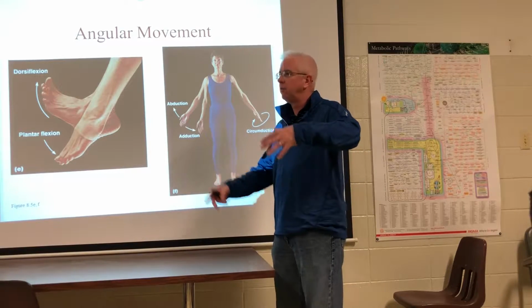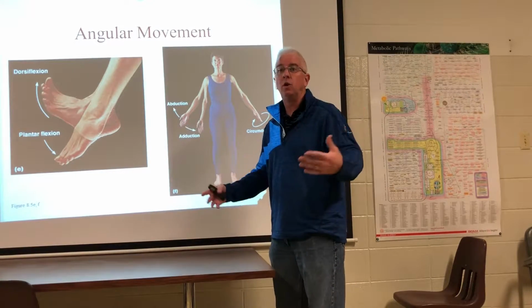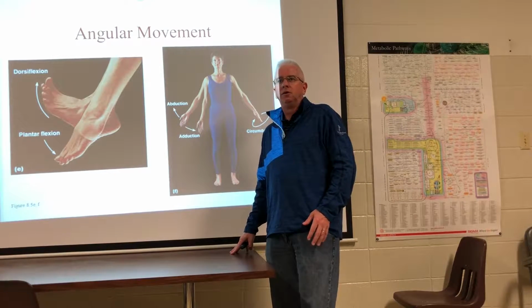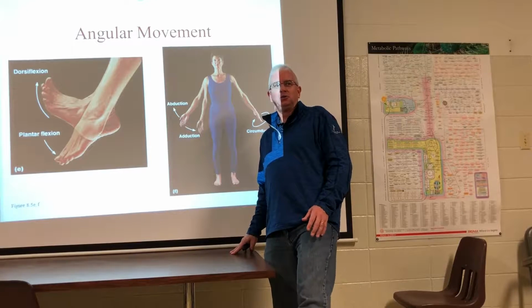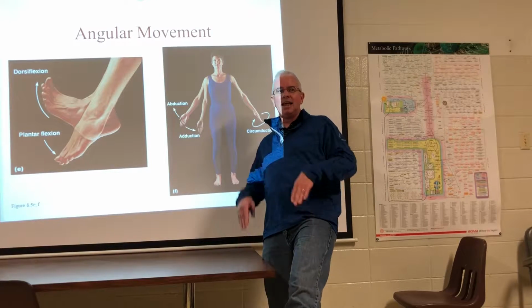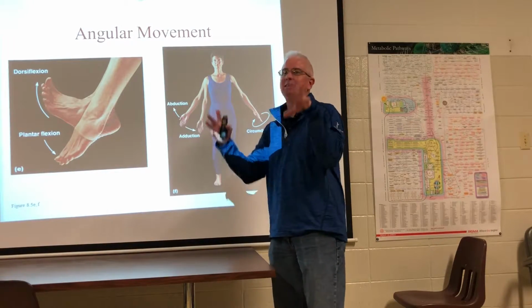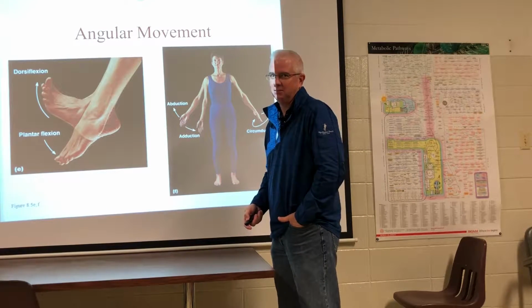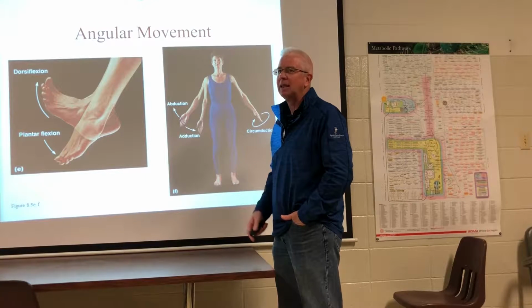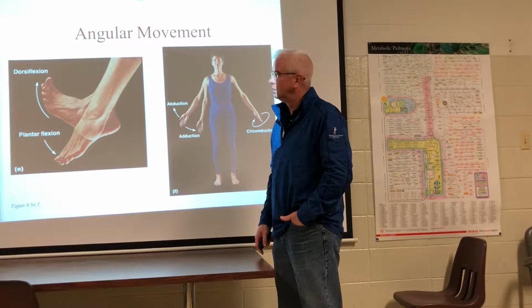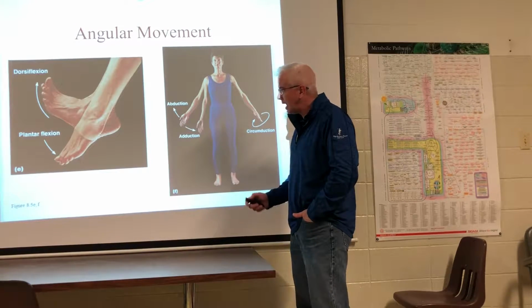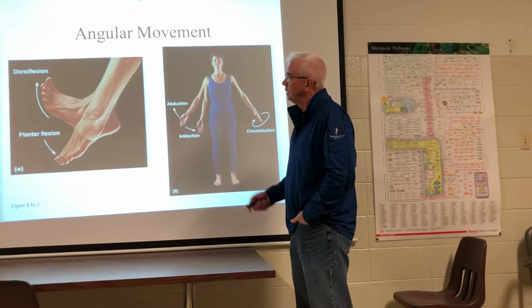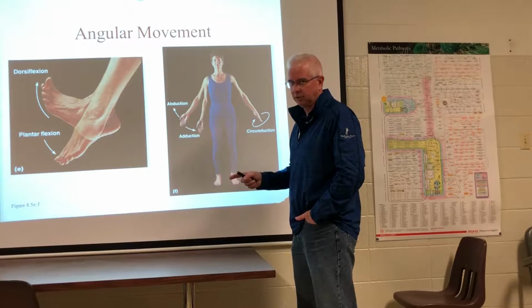In fact, the ballet people, the dancers, they don't say you're going to flex your toes, you're going to extend. You need to be fully extended here. That's not the term in anatomy, even though the muscles have those names. The term is plantar flexion. So nobody in anatomy refers to the action at the ankle as being extension. It's dorsiflexion and plantar flexion.